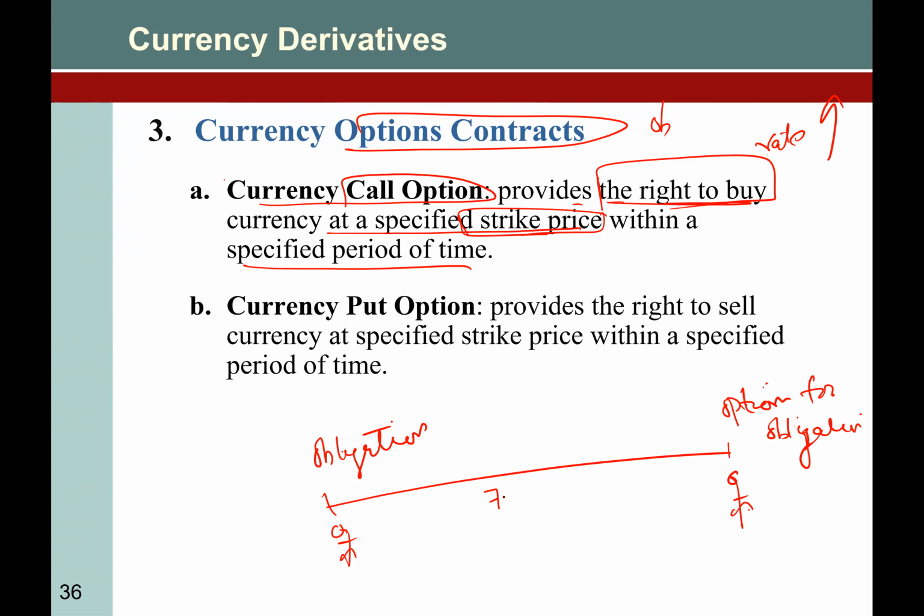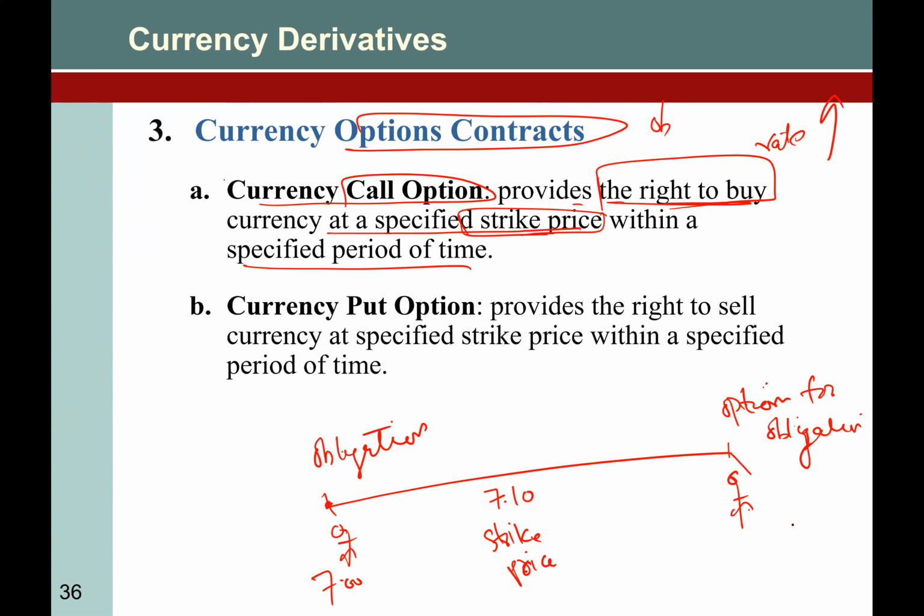For example, $1 is equal to 7 yuan. Sorry, let me just say, the spot rate was 7 yuan. They entered into a contract at 7.1, which we call strike rate or strike price.